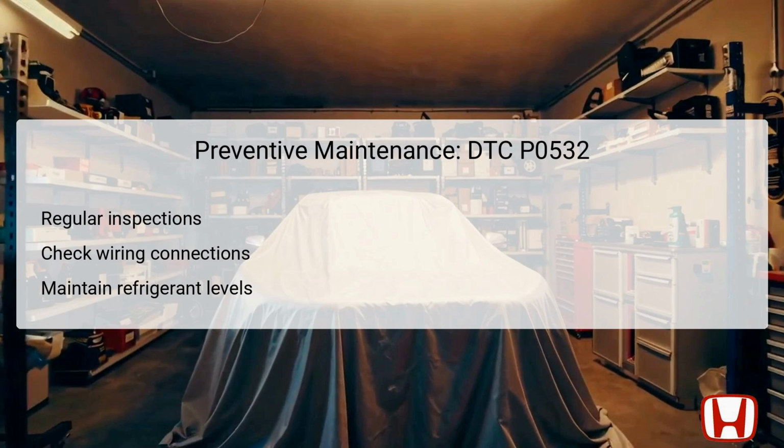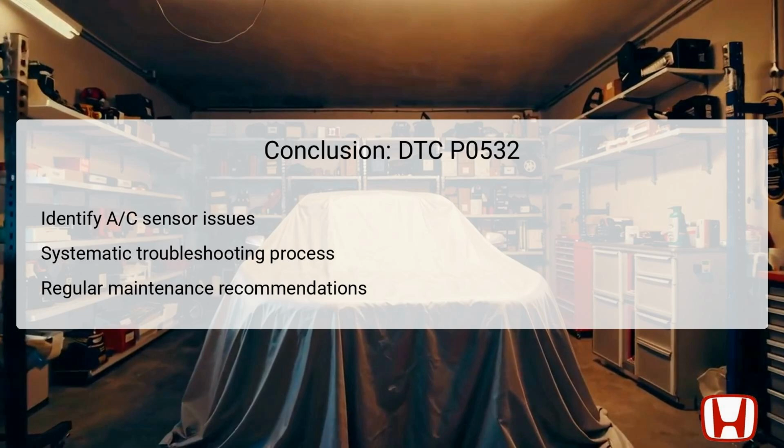By implementing these preventative measures, you can maintain the system's reliability and functionality while reducing the likelihood of encountering this DTC again. In conclusion, effective diagnosis and repair of DTC P0532 involve identifying specific issues with the AC pressure sensor circuit and implementing a systematic troubleshooting process.